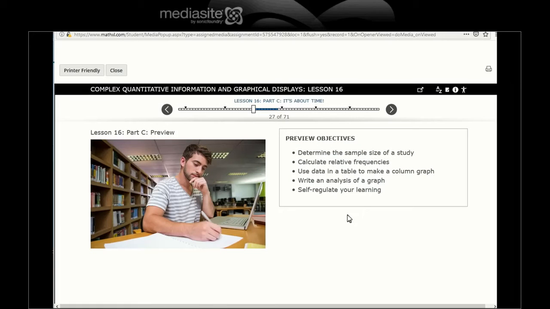It would appear that we'll be determining the sample size of a study, collecting relative frequencies, using data in a table to make a column graph, writing an analysis, and self-regulating your learning. That'll be done offline on your own.